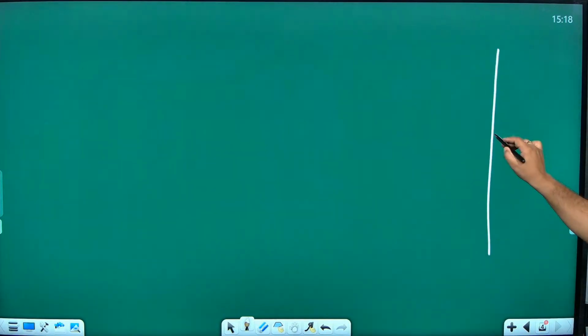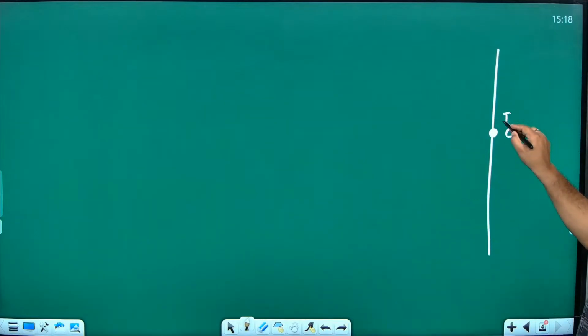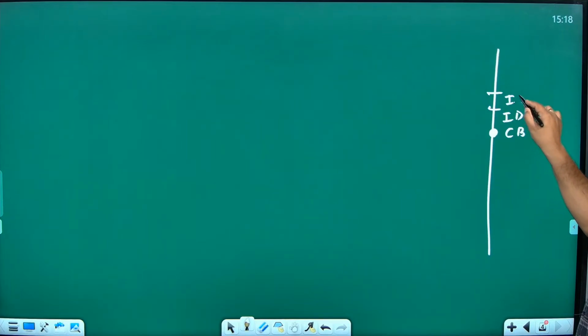On the screen, first you will have the central bright.